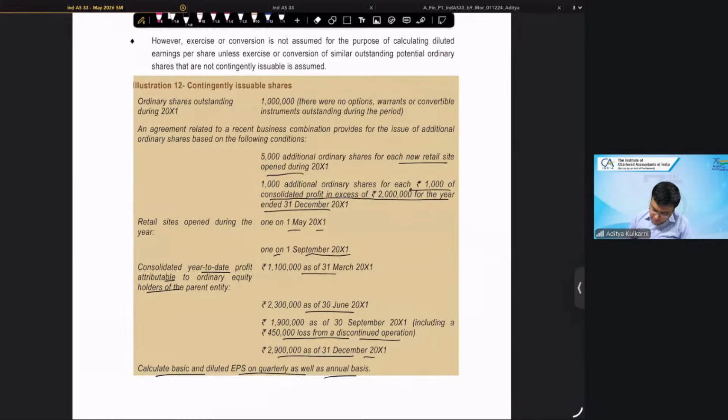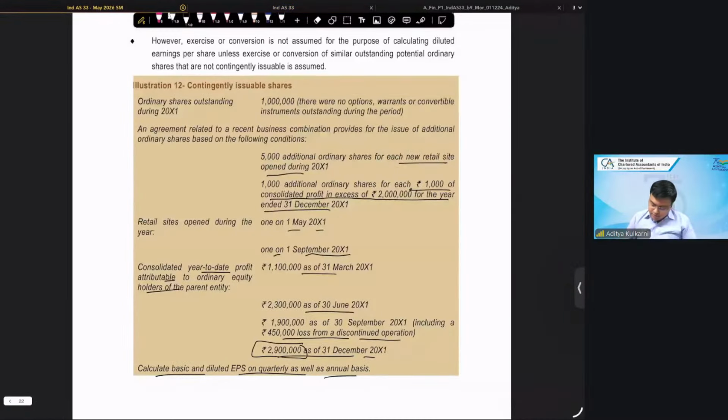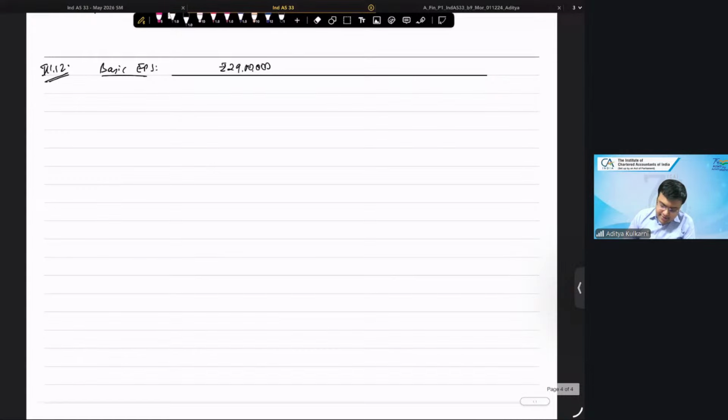What is your total profit? 29 lakhs, right? So 29 lakhs divided by, all right, how many shares are there? 10 lakh shares at the beginning of the year. Yes or no?